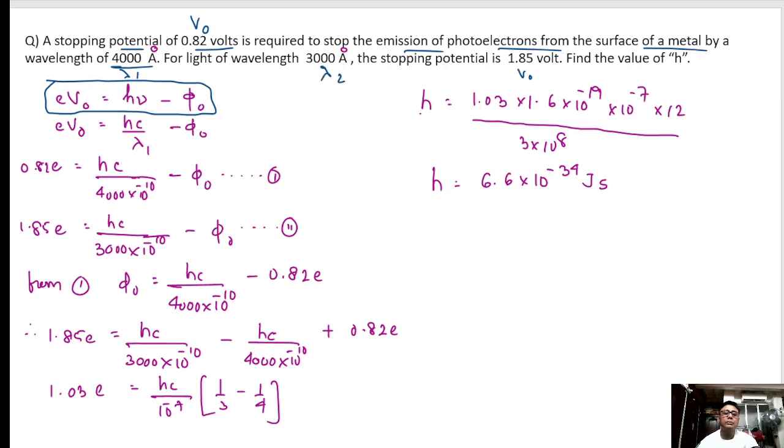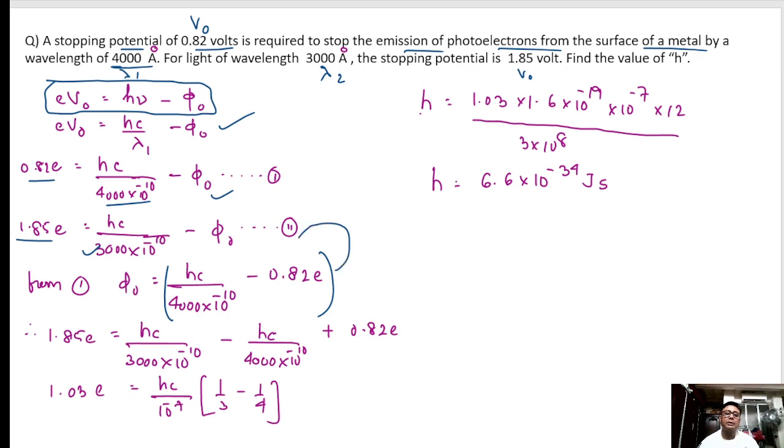So let us write down the equation for the first wavelength. The stopping potential is 0.82 eV equals hc by wavelength minus phi naught. For the second, it is 1.85 and the wavelength is given. From the first we separated the work function, and now we put it in the second equation.